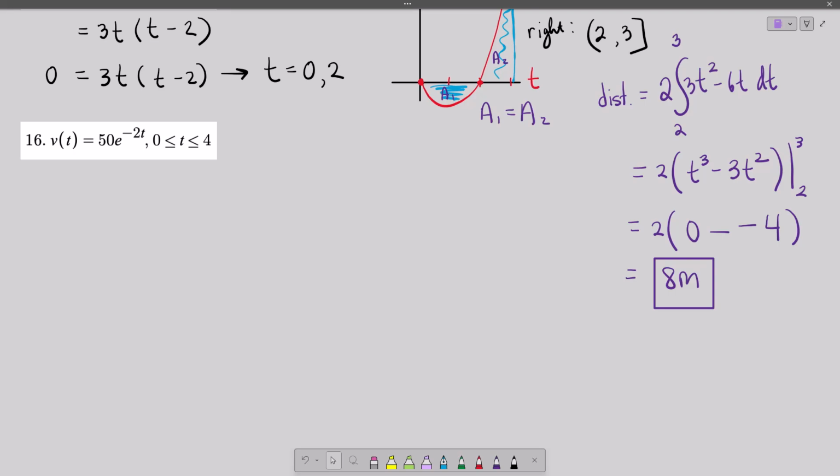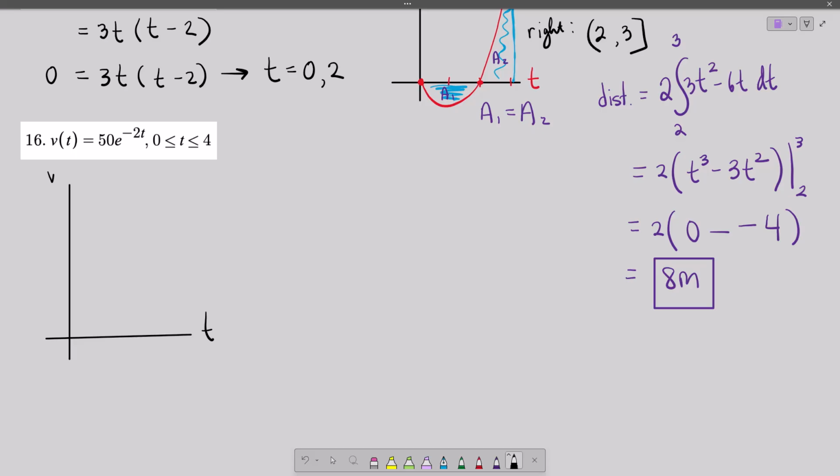So let's first figure out where we are at t equals 0. Can somebody tell me what the y-intercept is, or the v-intercept, if we're being super precise with these letters? What is the v-intercept? 50.